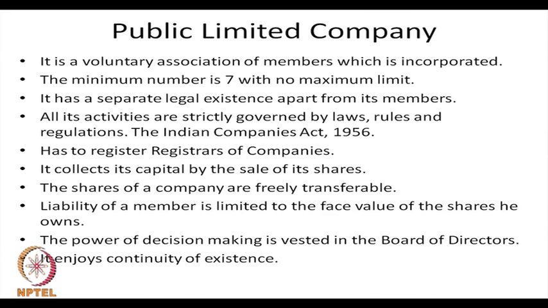In a public limited company it is 7, and with no maximum limit. In a private limited company, the maximum limit was 50. In a public limited company, there is no maximum limit.